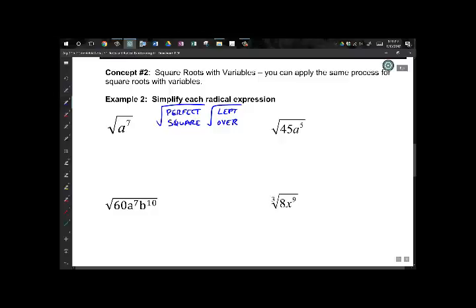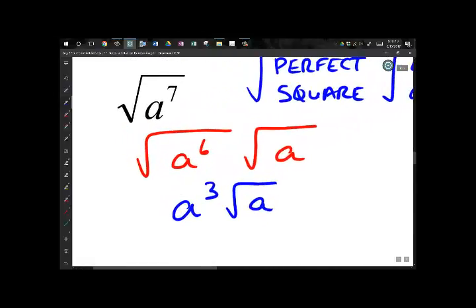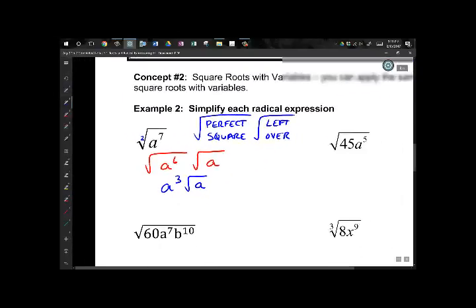So the square root of a to the 7th is the largest square inside a to the 7th, which is 1 less, times the leftover a, gives us an answer of a cubed times the square root of a. Remember, we divide that exponent by 2 because this is a square root. And I don't know if you could realize that, but there's actually an invisible 2 in that radical sign.